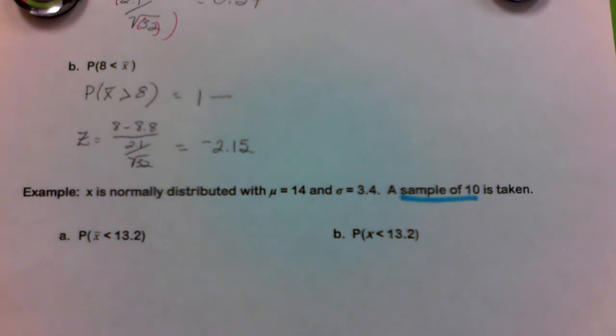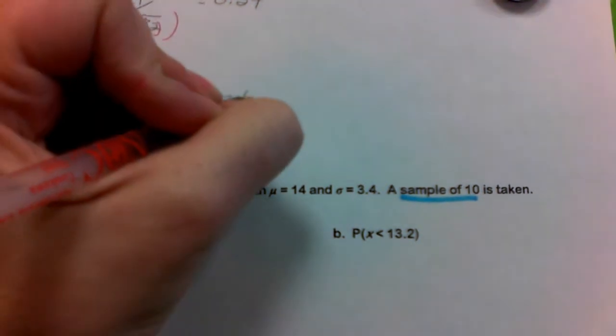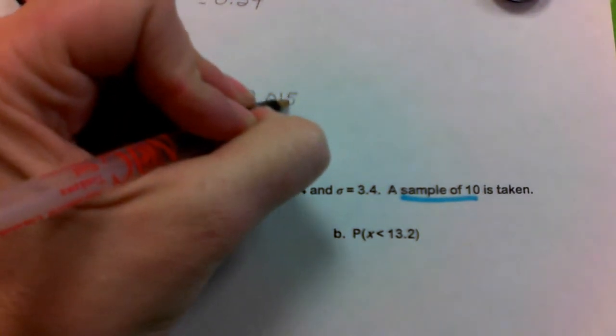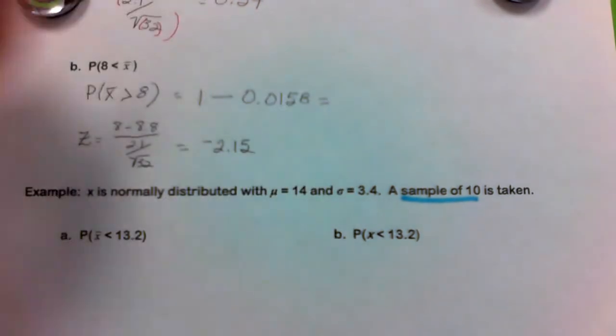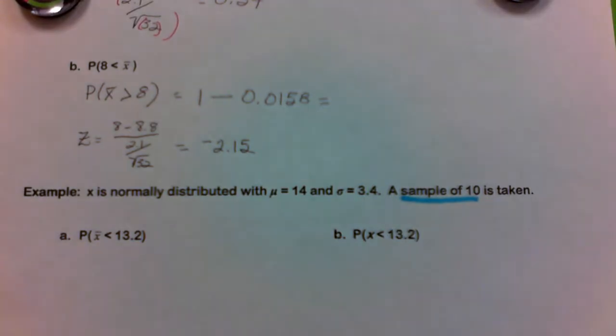Then I'm going to go to my table and locate the probability on the Z table at negative 2.15, and I find 0.0158. And then when you subtract 1 minus that, you'll get 0.9842.